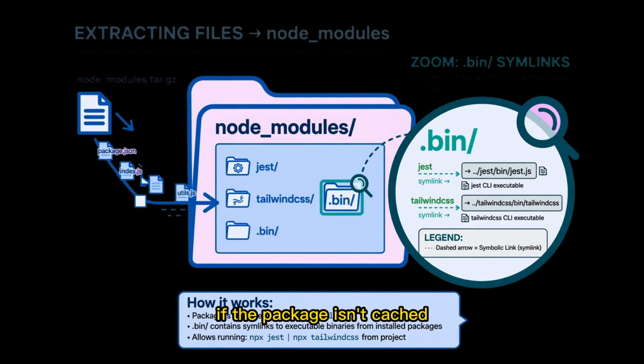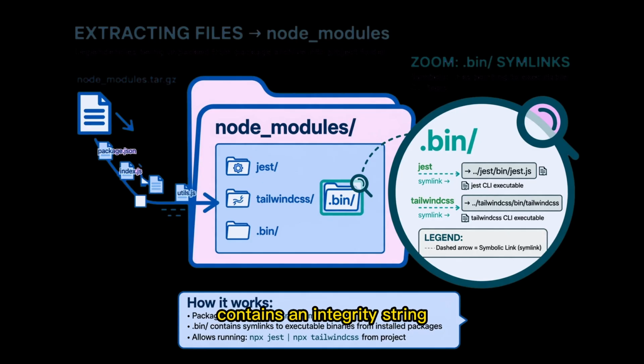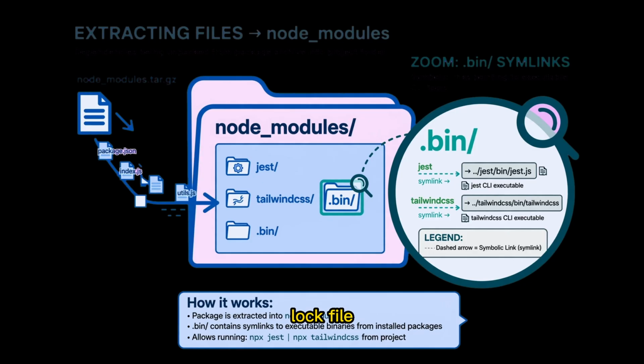If the package isn't cached, npm fetches it from the global registry CDN. But before writing a single byte to your disk, npm executes a critical security step, the integrity check. Every package entry in your package-lock.json contains an integrity string, a SHA-512 cryptographic hash. npm calculates the hash of the downloaded tarball and compares it against the lock file.